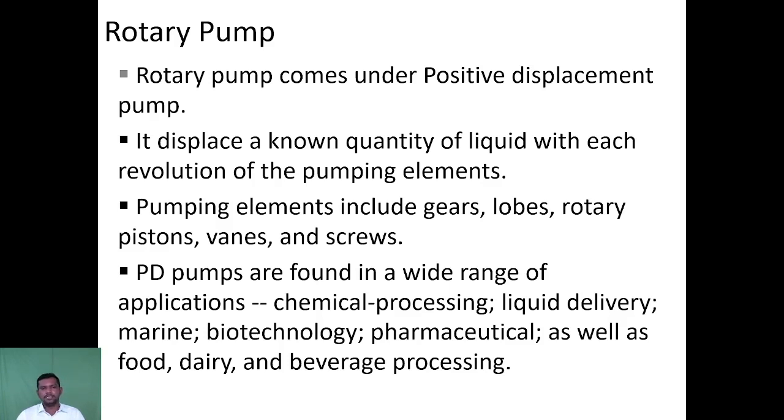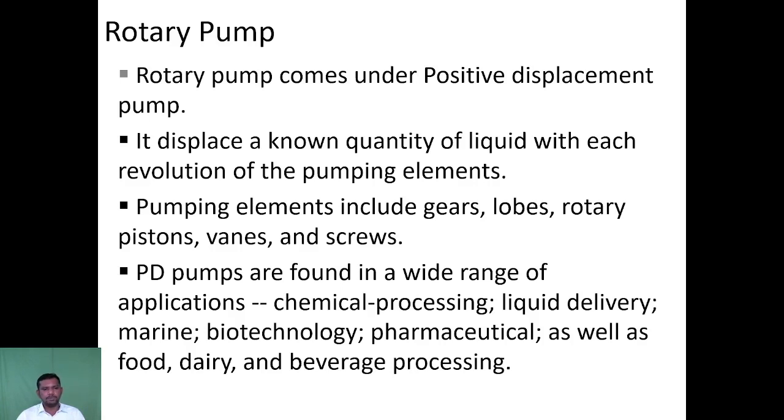Based on the pumping element, if we are using lobes, it is called a rotary lobe pump. If we are using a piston as the pumping element, we may call it a rotary piston pump. If we are using a vane as the pumping element, we may call it a rotary vane pump. Likewise, we name the rotary pumps.